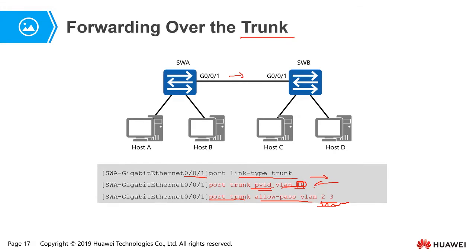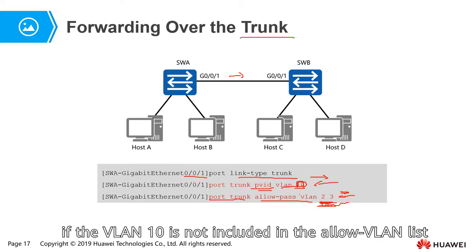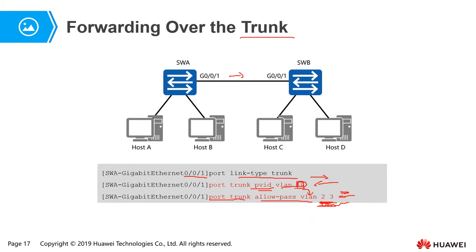But for VLAN 3 and VLAN 2, when sending and receiving, we add the tag. But if VLAN 10 is not included in the allowed VLAN list, the frame belonging to VLAN 10 cannot be sent out of this interface.